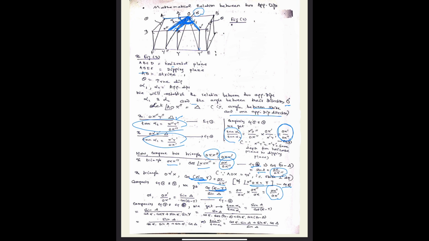We have found out OX double dash by OX, and compare these two, we get tan alpha 2 by tan alpha 1 is sin delta by cos of sigma minus gamma.